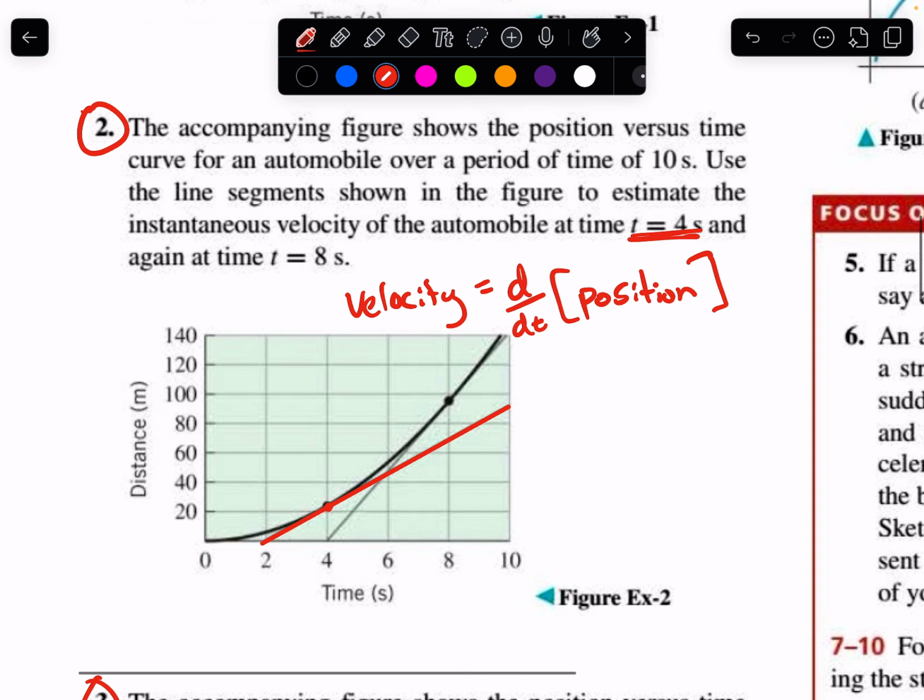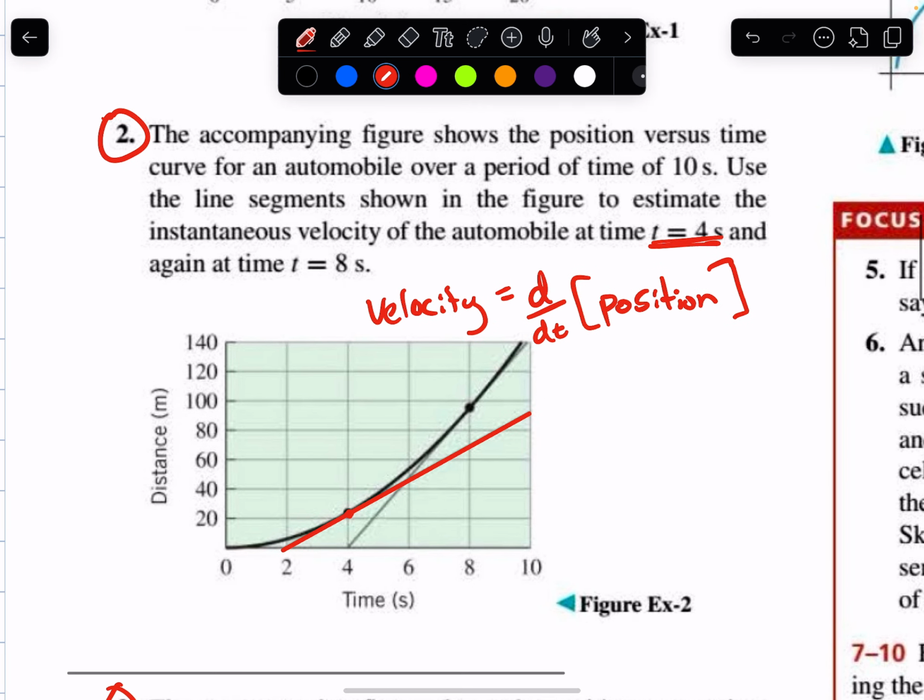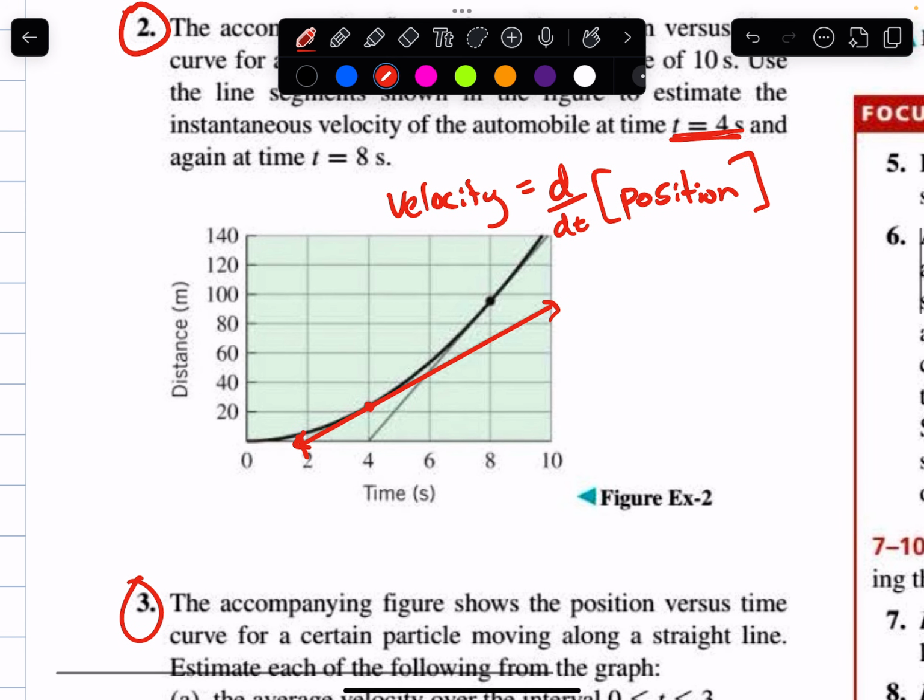So if we're looking for the instantaneous velocity of the automobile at time t equals 4 seconds, we are looking for the slope of this line right here, because this is the tangent line to this graph at t equals 4 seconds. And then we're going to do basically the same exact thing for t equals 8 seconds.